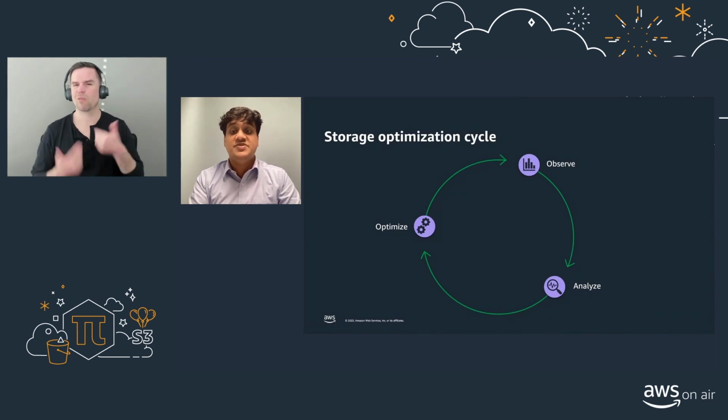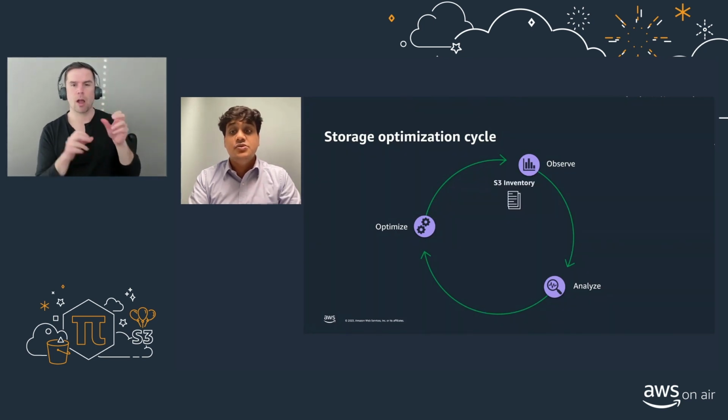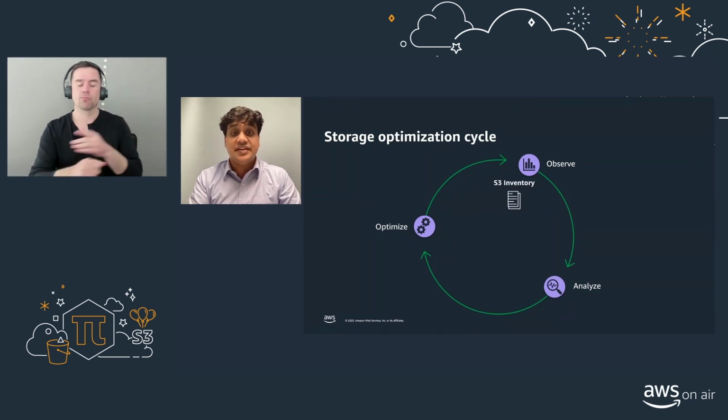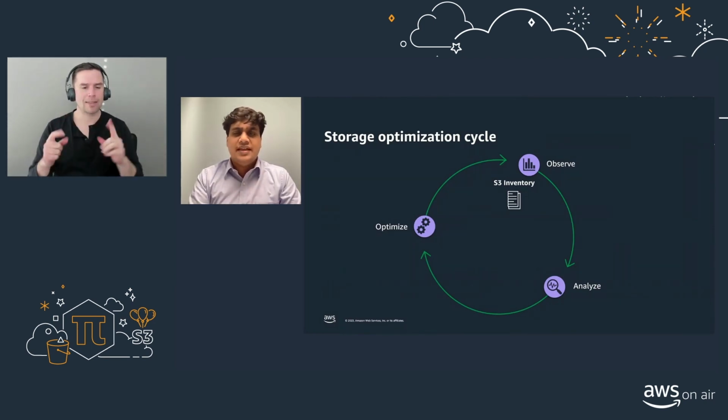First, we start with Observe. You gain deeper visibility into your storage to identify optimization opportunities. You can use tools like S3 Inventory that generates a list of S3 objects along with the related metadata like size, storage class, encryption status, and more. Maybe you spot an interesting trend, and this leads you to the next step, which is to analyze.